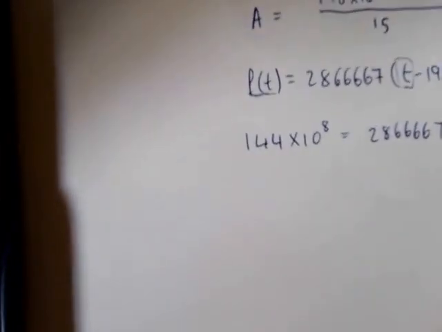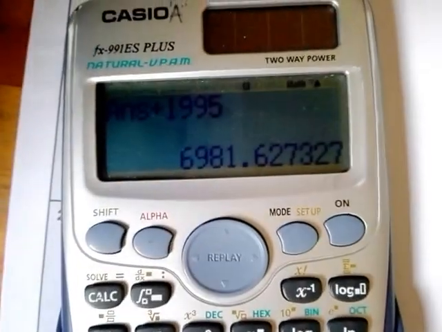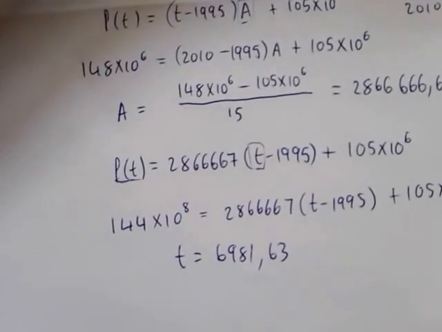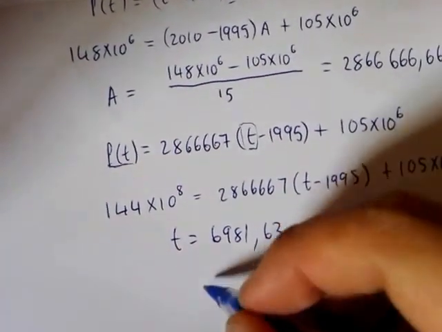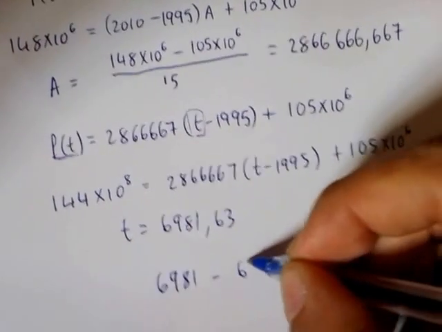Okay, so according to the calculation, this particular set of criteria will happen somewhere between the year 6981 and 6982.